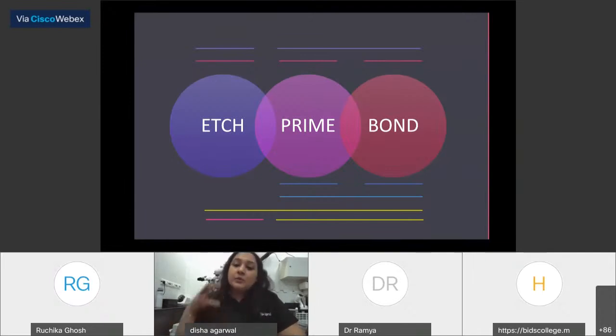Bond has something hydrophobic, which actually forms the bond to the composite, because composite is again a hydrophobic material. So prime and bond bond together with CC bonds, and your bond, if applied directly without priming, may not flow inside the tubules as well as when you use the prime.